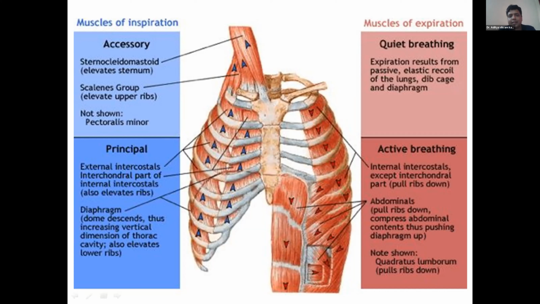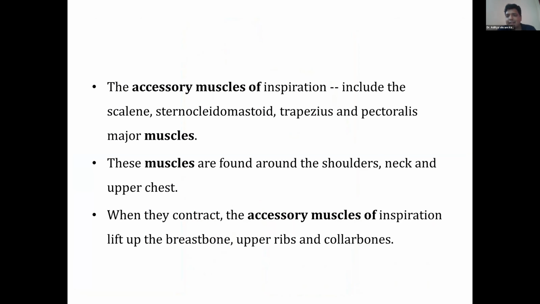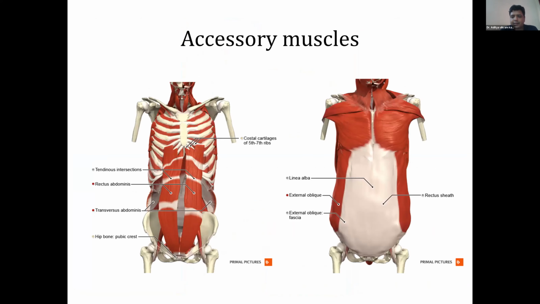The sternocleidomastoid, the scalene muscles, and the pectoralis minor are the accessory muscles used for breathing. So whenever you see a patient using shoulder, neck, or other accessory muscles, that's an indication that the patient probably has some difficulty in breathing and needs appropriate evaluation. So this is the pictorial view.